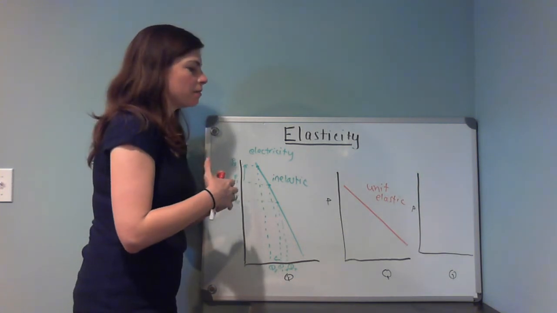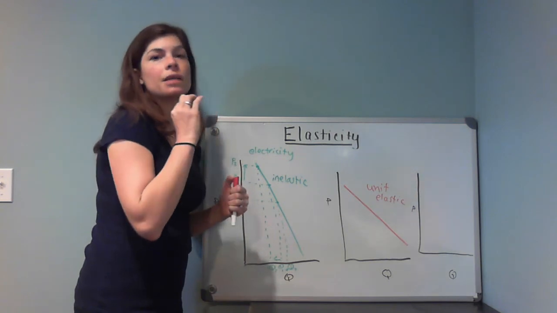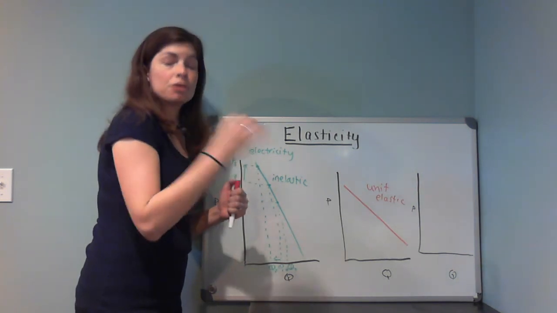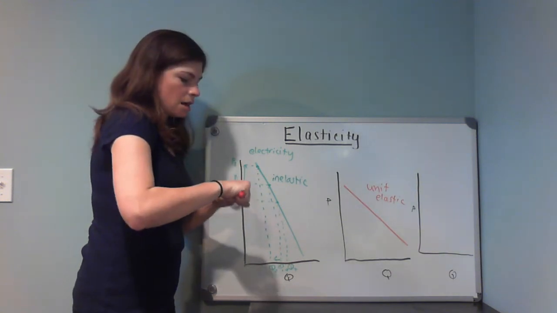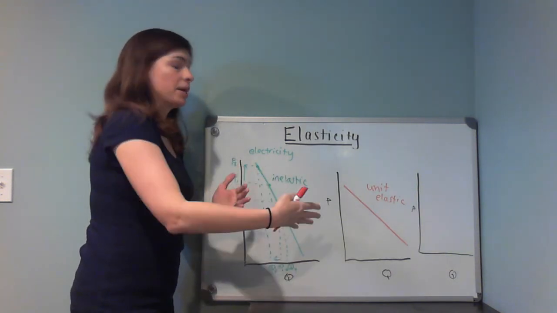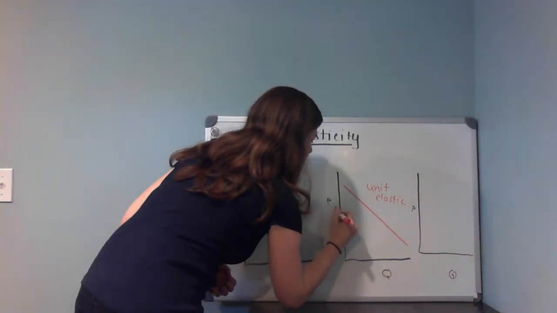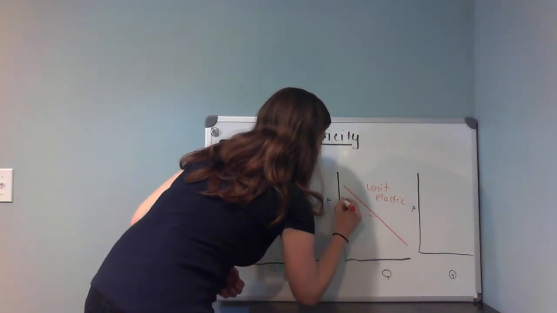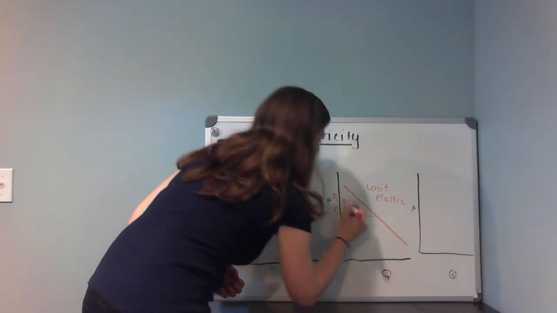If the price of the movie goes up 10%, you need to consume 10% less, so you can keep your spending the same. So you won't spend any more or any less because of the price change. So if the price starts here and goes up to P2, this distance will be exactly the same.